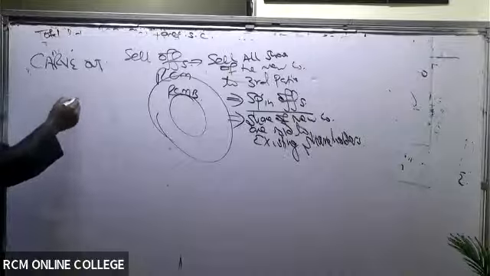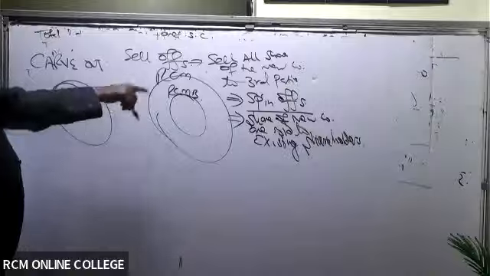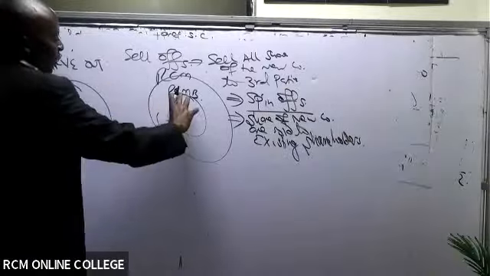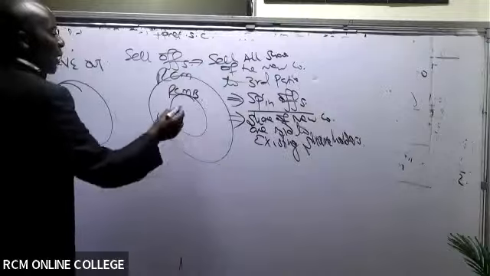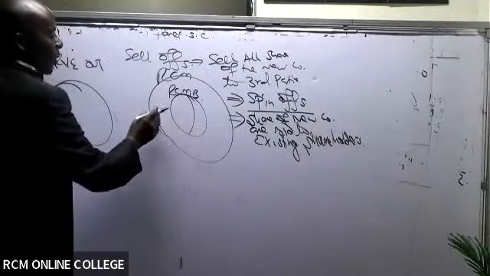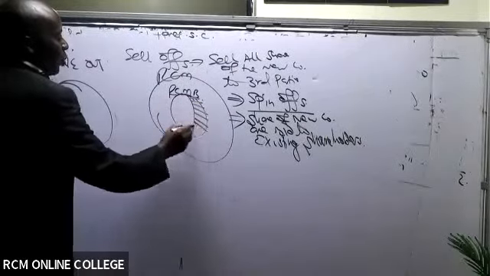Under a carve out, normally what happens, if this is RCM, within RCM we have created a new company, but now we don't sell all the shares. We carve out something for ourselves, and then we sell these other shares to third parties.